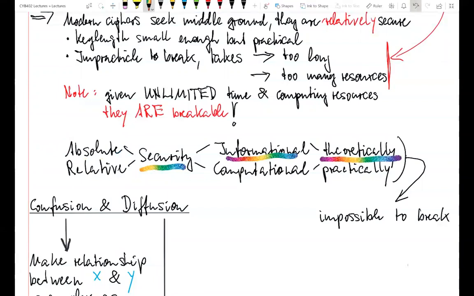They are not breakable under any circumstances. Versus relative security, which is actually computational security.